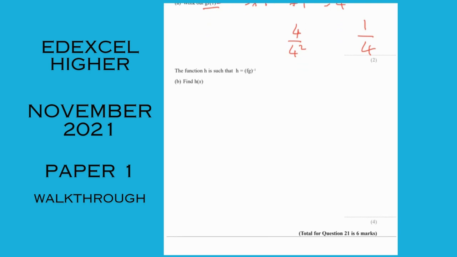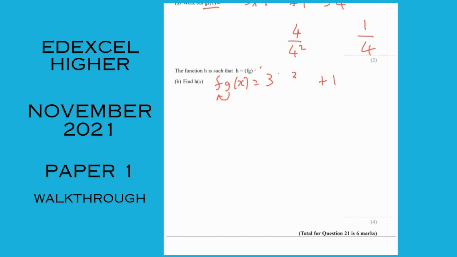Now b is a bit of a doozy. Alright, you've got to find the inverse function of f of g. So you've got to do the f of g first. So the f of g of x means stick g into f. So where you've got on f, it's 3 lots of x squared.